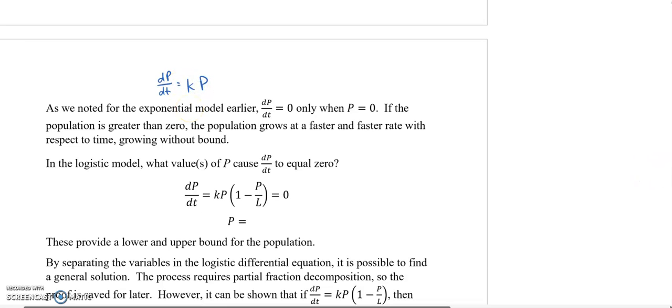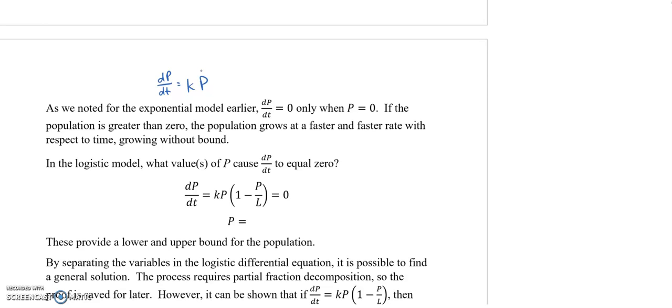We saw that dP/dt equals 0 only when P equals 0. If P equals any other value, then our rate of change is going to be non-zero. And if the population is positive, then the population growth is positive, and it will just continue to get bigger and bigger and bigger because of exponential growth.